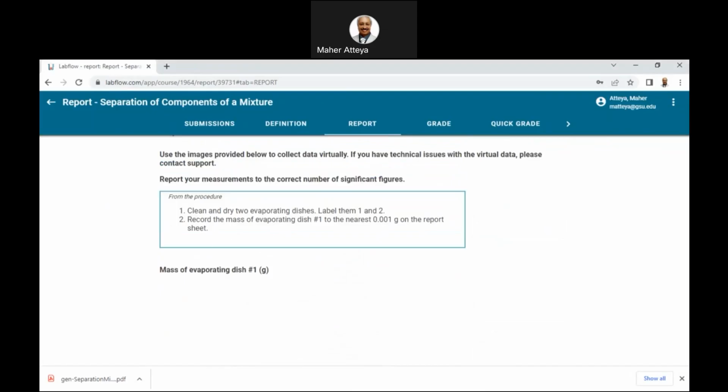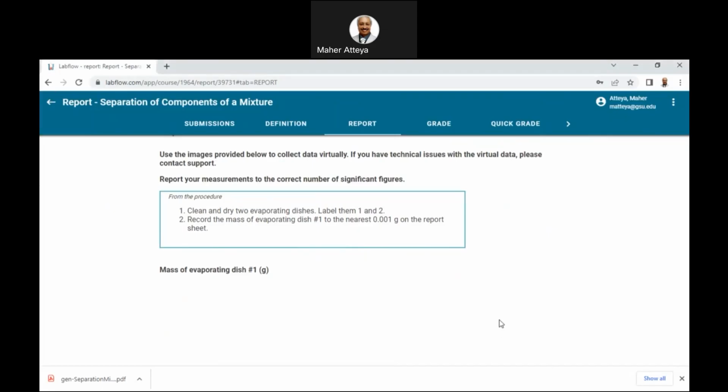So this one was not seen. Therefore, it said enter the dish one. We did enter it. Okay, so really it entered this one, 39.823.